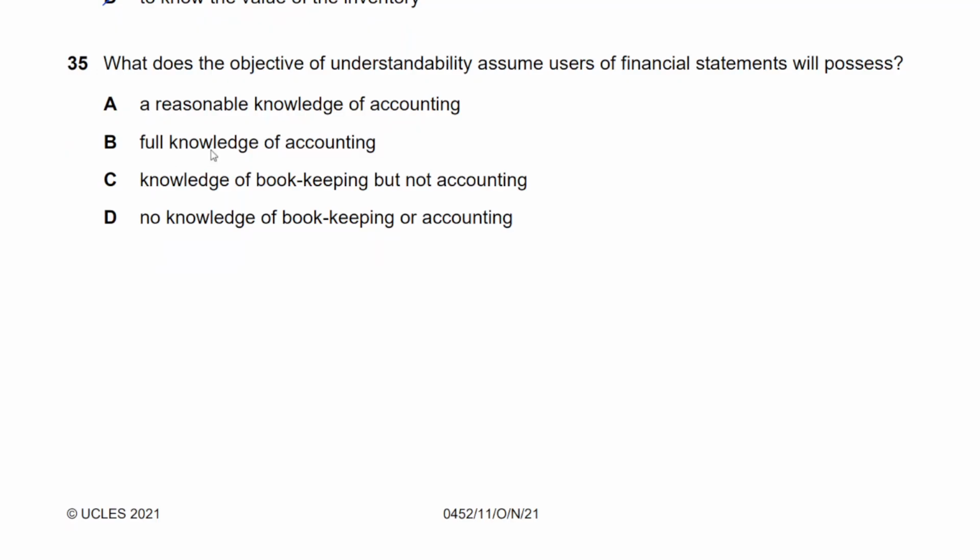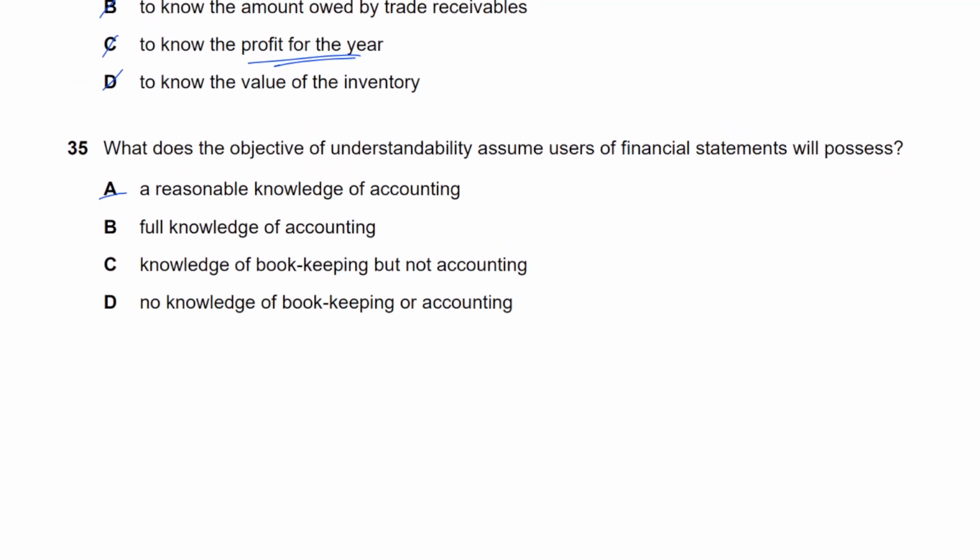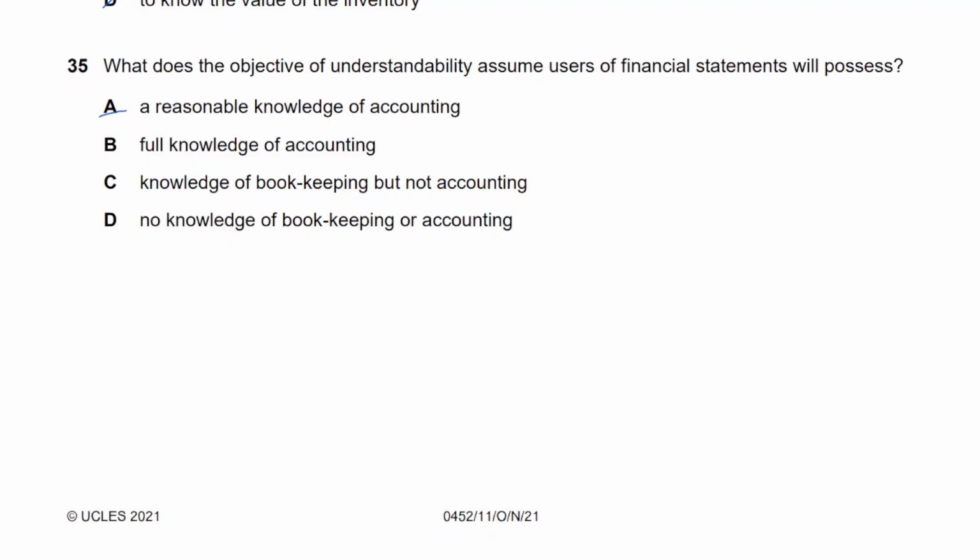35. What does the objective of understandability assume users of financial statements will possess? A reasonable knowledge of accounting, which sounds like a good option because that's what we expect our users of financial statements to have, a reasonable accounting knowledge. Full accounting knowledge? No, we don't expect that. They're not accountants. Knowledge of bookkeeping but not accounting?